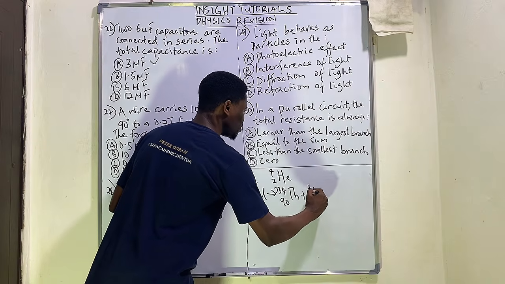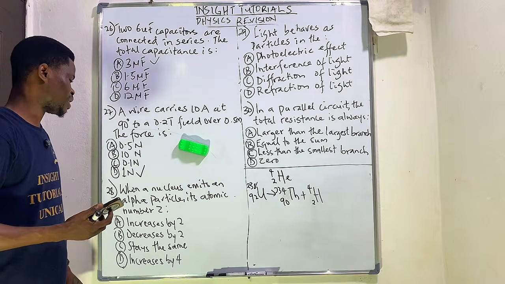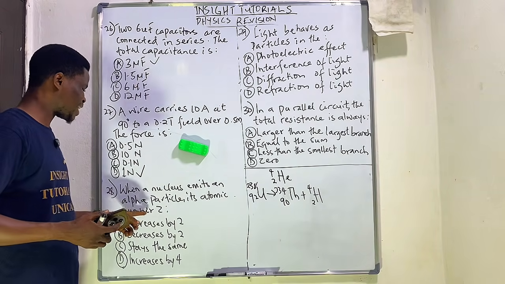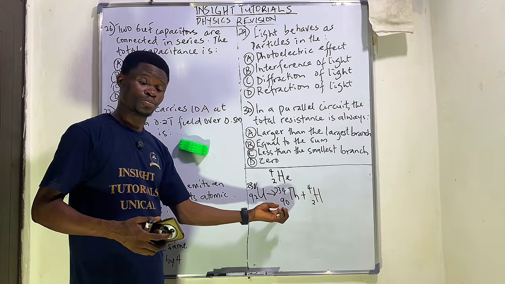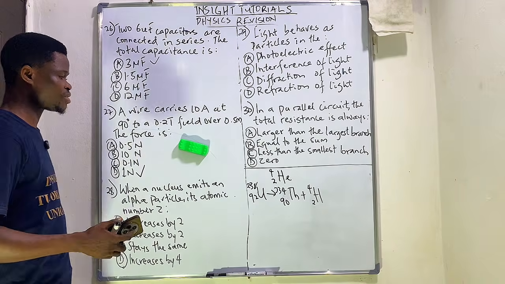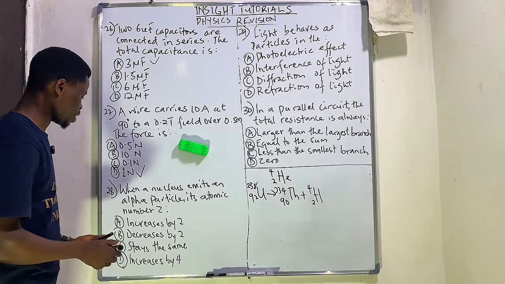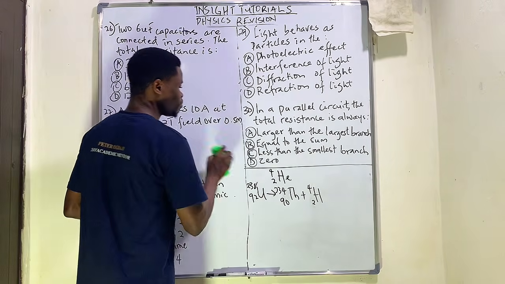This shows that it is an alpha particle that was involved in this emission. So when a nucleus emits an alpha particle, its atomic number, if you notice, is decreased by 2. The mass number decreases by 4, but the atomic number decreases by what? 2. So the correct option is option B, decreases by 2.